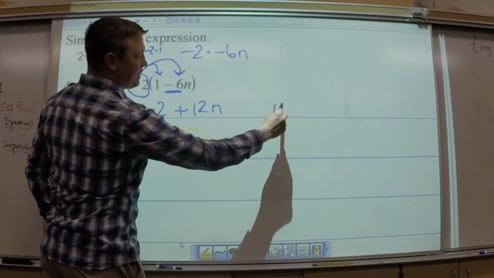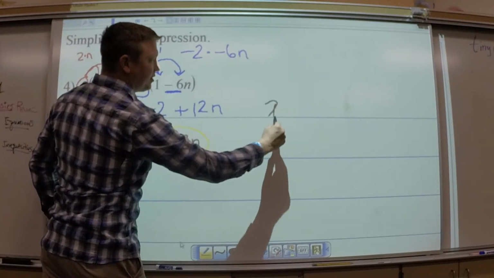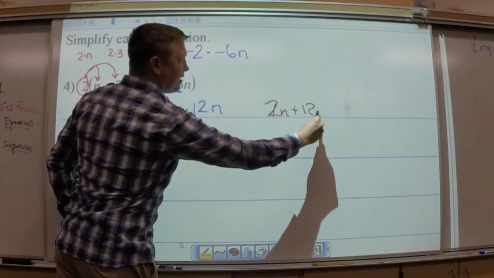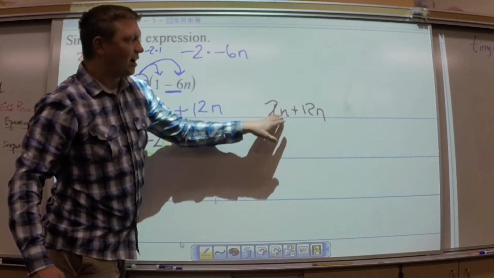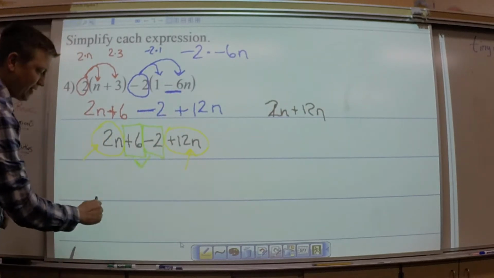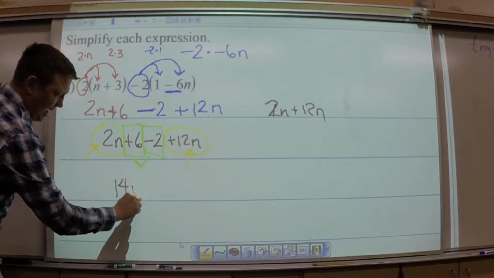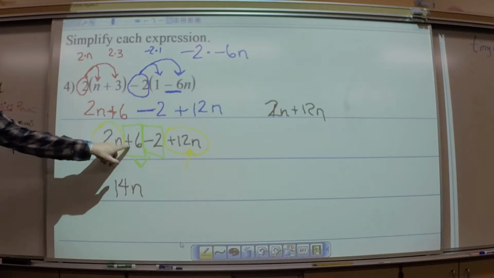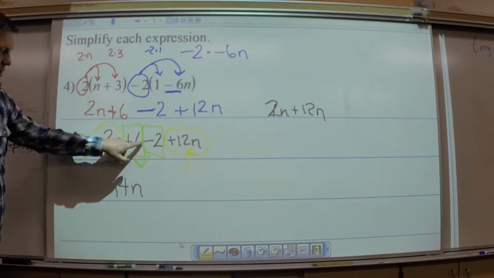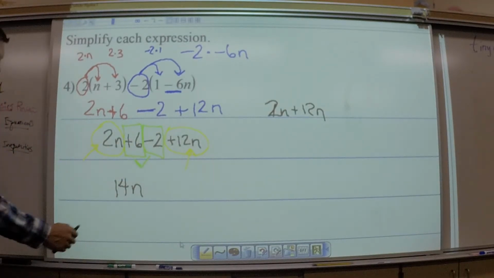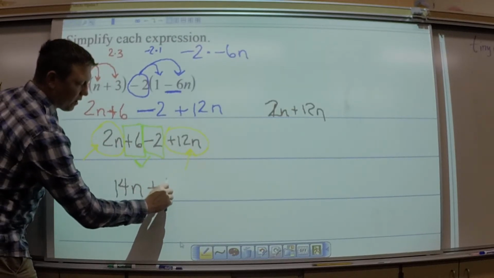If I did my arithmetic over here, it would be 2n plus 12n, and you would just call it 14n. Both positive, 14n. Okay, then I put these together, and it's really 6 minus 2. 6 minus 2 would be plus 4.